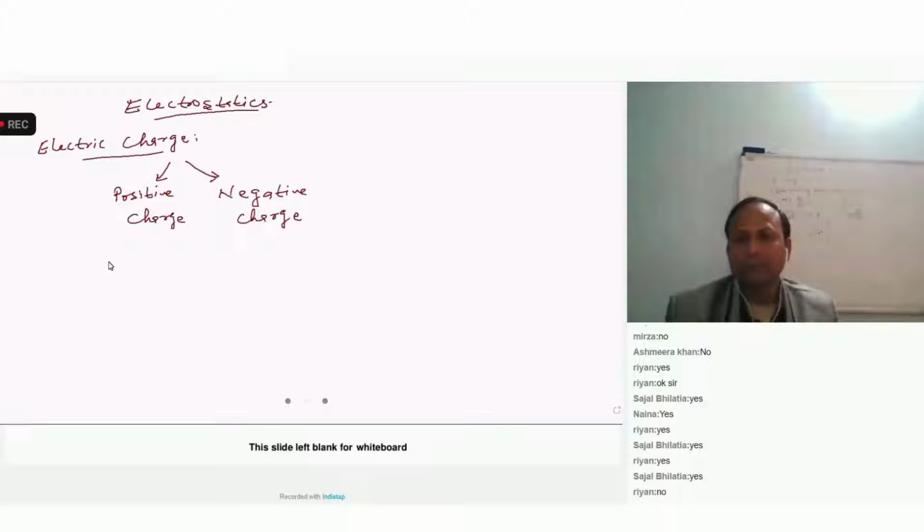All right. So electric charge also has some properties. What are those properties? Let's study the properties of electric charge.